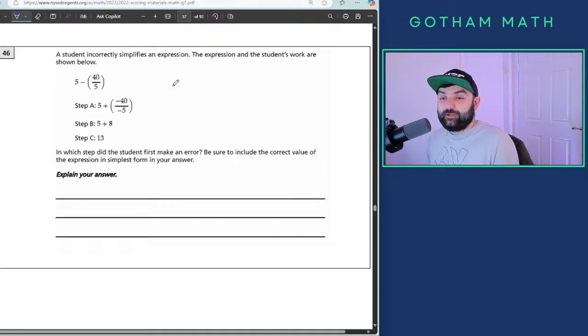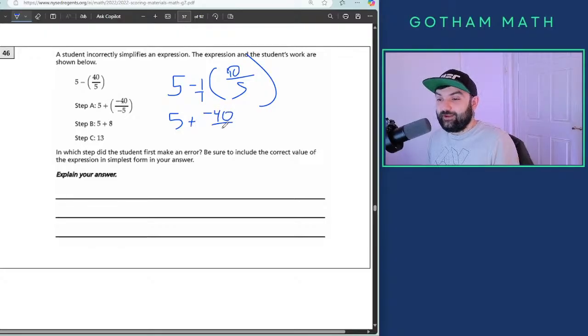So the correct answer would be, this has to be 5 minus 8, right? If you want to even go a little bit further than that, that minus in front of the parentheses can be considered to be a -1. And when you multiply -1 times -40 over 5, technically it's plus -40 over 5.